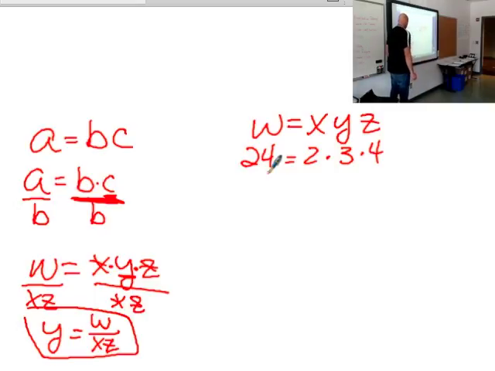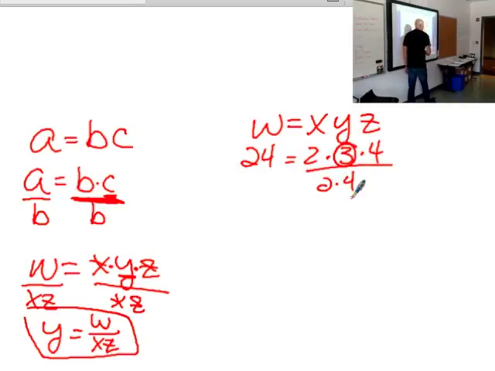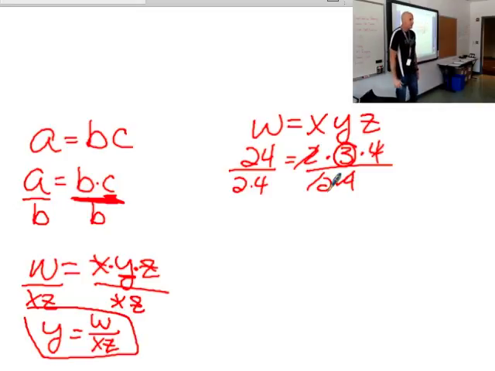What did we divide by? x and z, because we're trying to find what y was. So we divide by 2 times 4. What's 2 times 4? 8. What's 24 divided by 8? 3. So when you're multiplying, the inverse operation is division. And if all of them are multiplying, all you have to do is divide them.